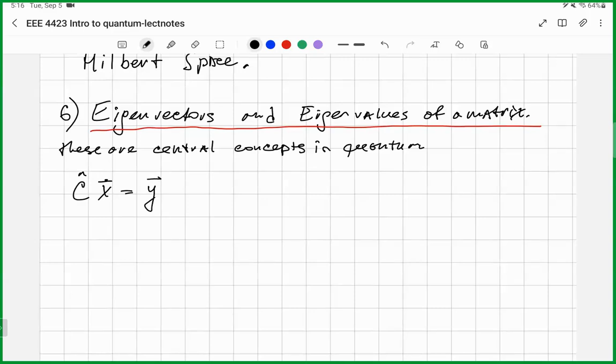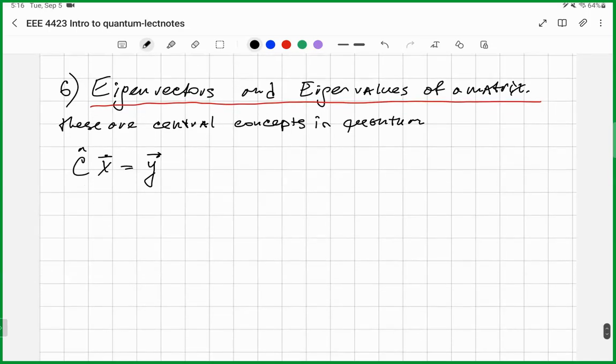For example, my matrix or operator C acts on vector x and creates another vector y. In the component representation, the same can be written like this: Cij xj creates yi, and the summation runs over j. So this is basically the same thing.